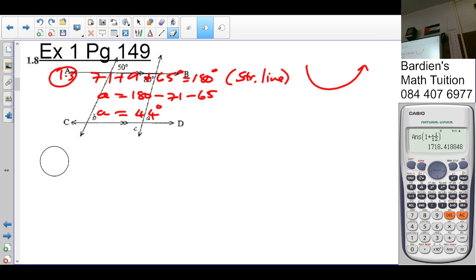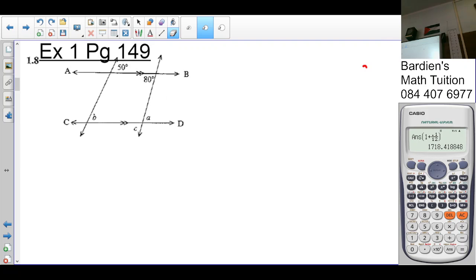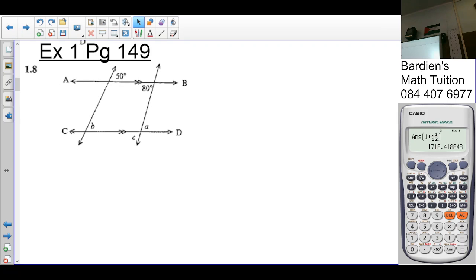1.8. Calculate 1.8. A is 80 degrees. Why?